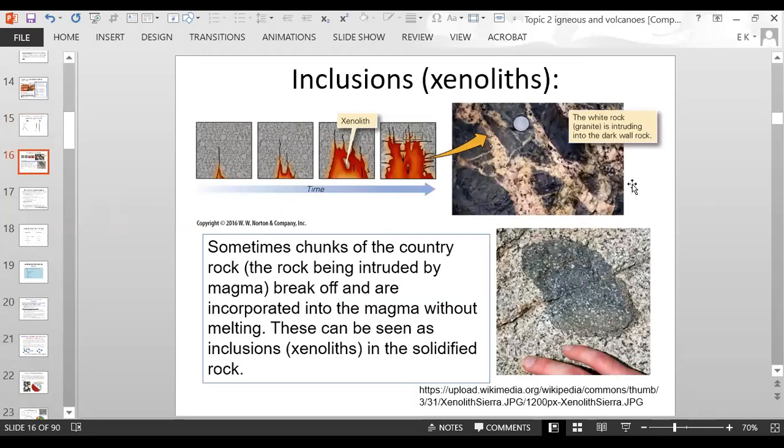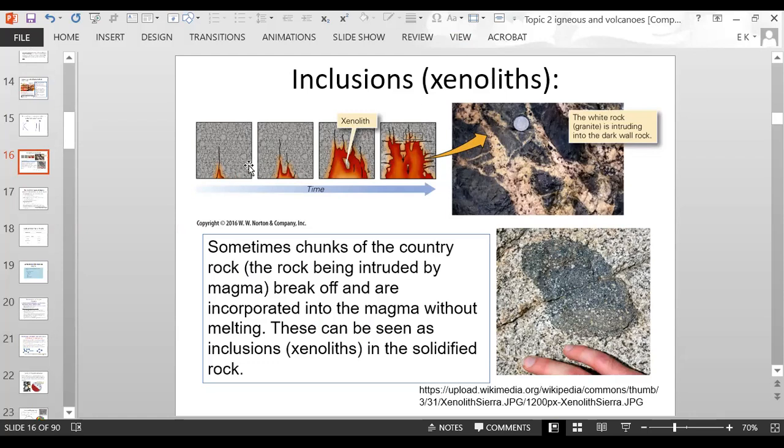Okay, then we have inclusions or xenoliths. So sometimes chunks of the country rock break off and then are actually incorporated into the magma without melting. And then later on, when that magma cools and solidifies and turns into a rock, you can see the inclusions in the solidified rock.